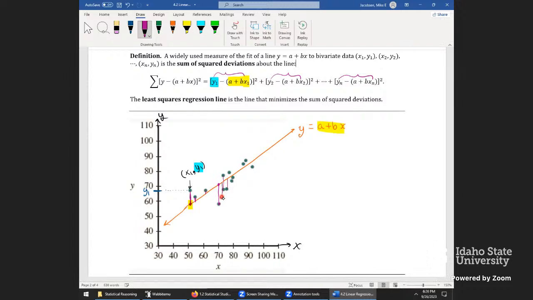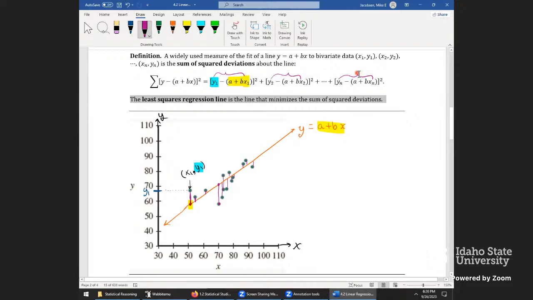So imagine you're taking all of these red line segments, squaring their lengths, and producing this right here. Well, that's a lot going on, but here's the big punchline finally. The least squares regression line is the line that's going to minimize the sum of the squares of all these lengths in red. In other words, it minimizes all of these differences right inside here.